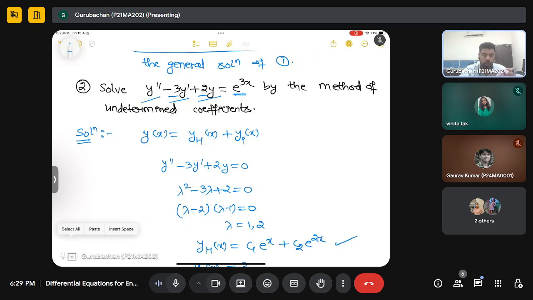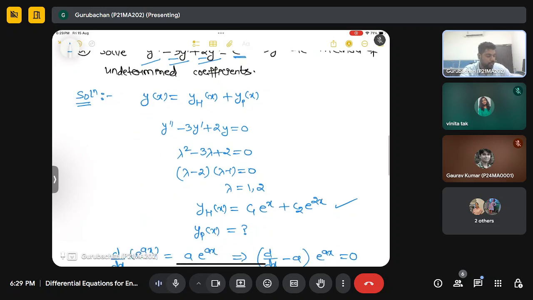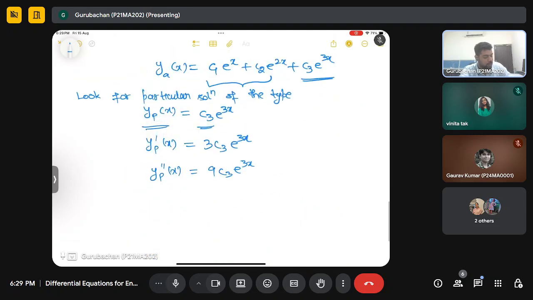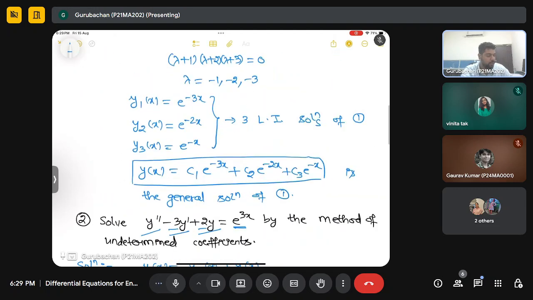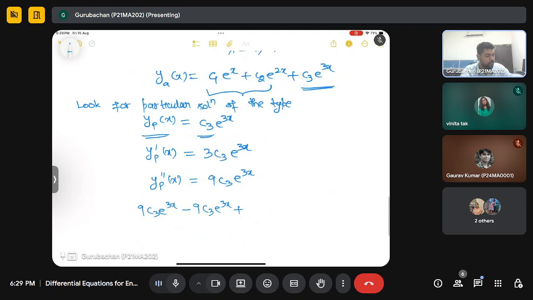Putting our yp in this equation, it comes out to be 9c3 e^(3x), minus 9c3 e^(3x) since it was minus 3, plus 2 times c3 e^(3x), equal to e^(3x).